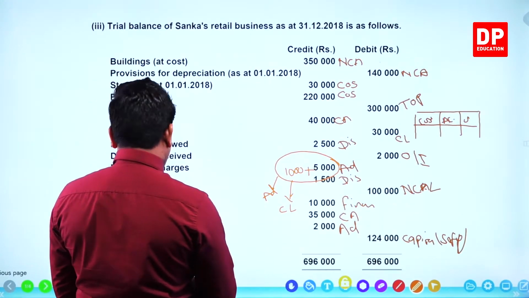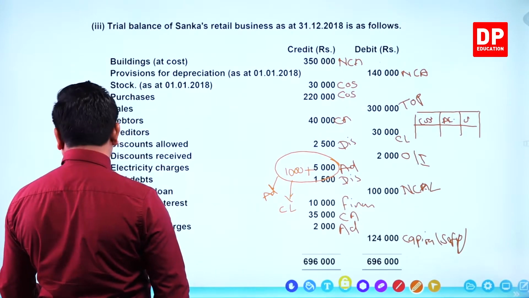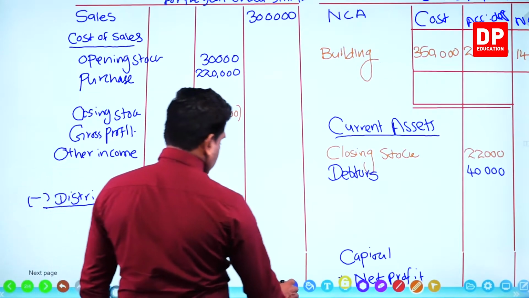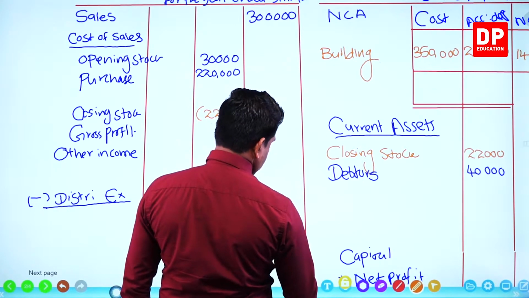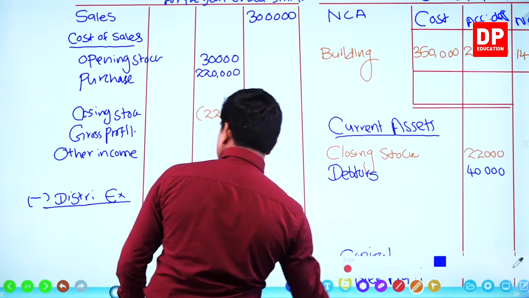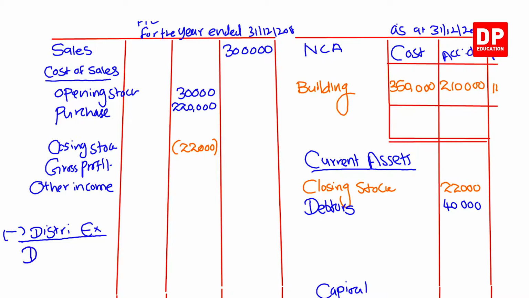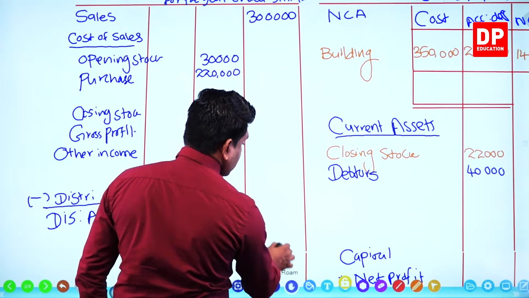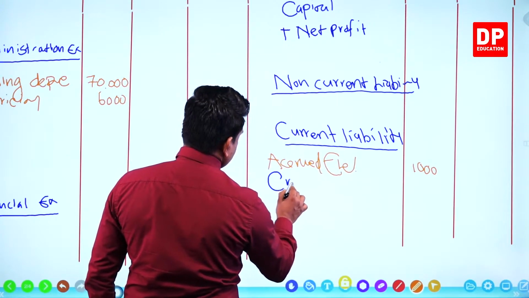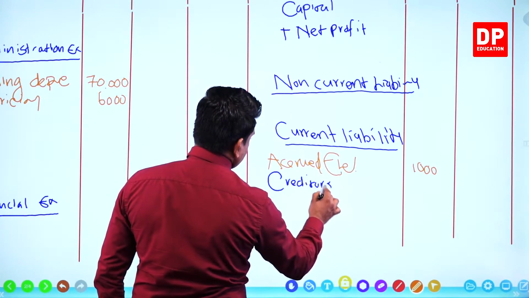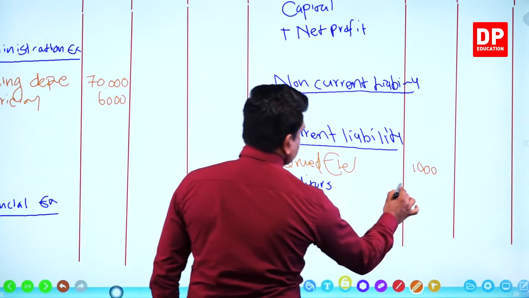Discount allowed 2,500 comes under the distribution costs. Creditors come under the current liability, 30,000.